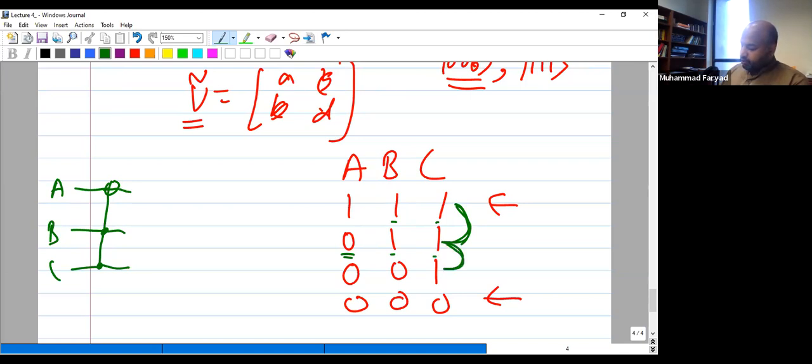Then I look at the next two states and see what is the same and what is different. So A and C are the same, A is 0 and C is 1, but B is different. So now I apply an X gate on B. It is controlled by A and C, such that the A control is with respect to 0 and the C control is with respect to 1, until I reach the last pair.